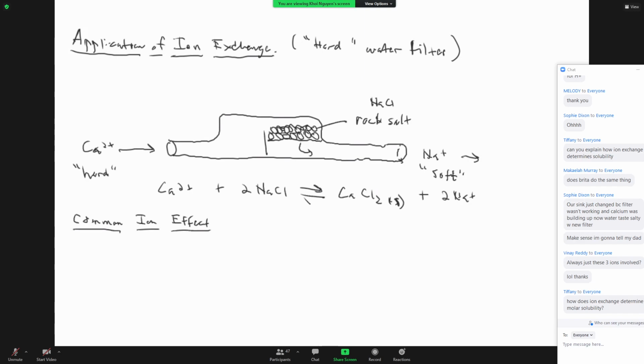So by measuring the pH, you can figure out the concentration, because it's the negative log of the H plus concentration, right? And that is equivalent to your metal ion, right? And so you can figure out your molar solubility from there, because this is basically one of your X's in your solution.